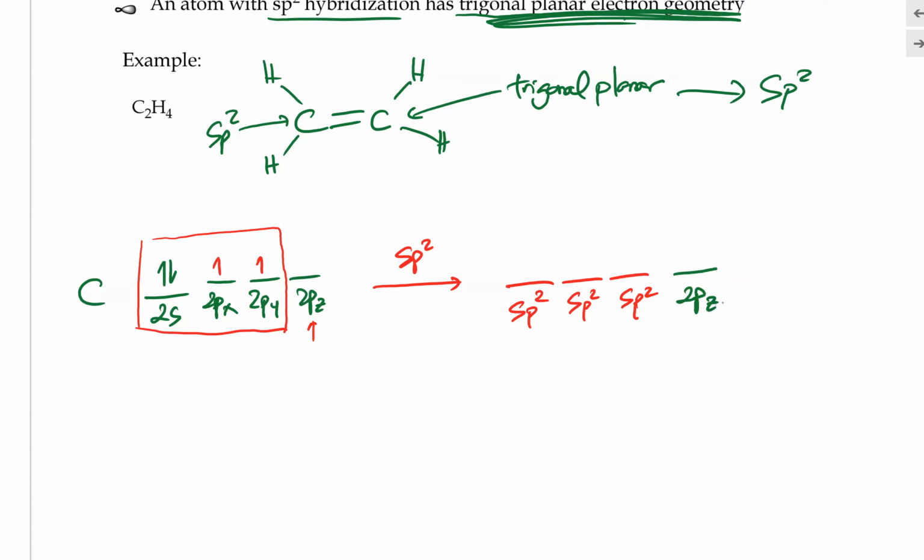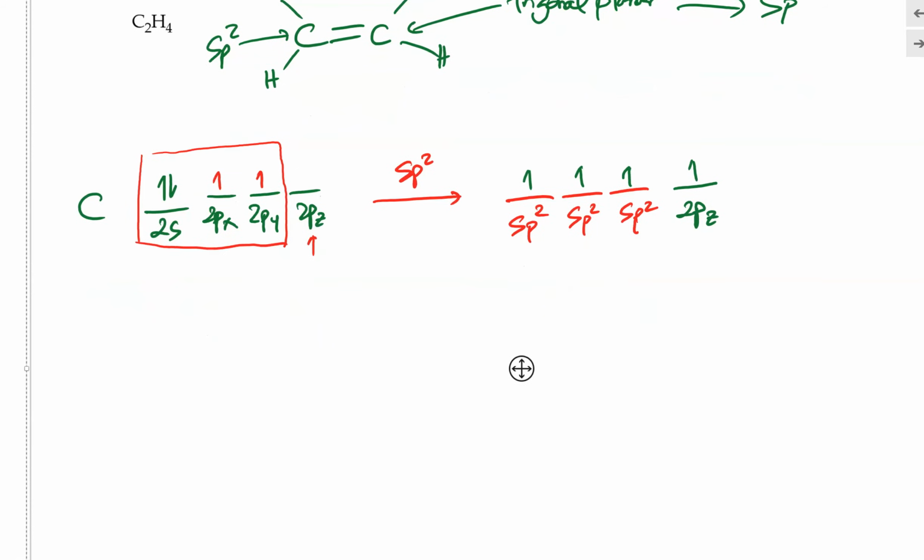There are 4 electrons, so each electron will go to each of these orbitals. The energy gap between the sp2 orbitals and the 2pz orbital is very close, which makes it possible for the electrons to go into each of these orbitals. And that's what it would look like.